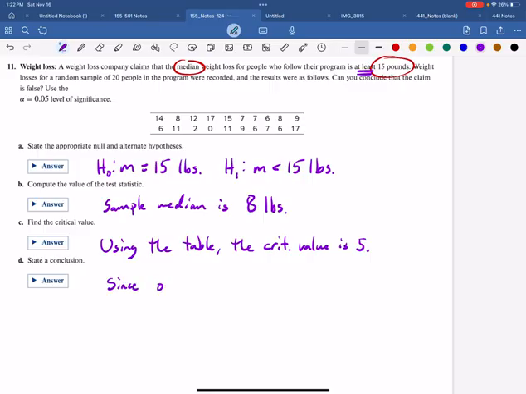Right, since only 2, which is less than 5, people lost more than 15 pounds, reject the null hypothesis, right? So this drug is not that effective, right?